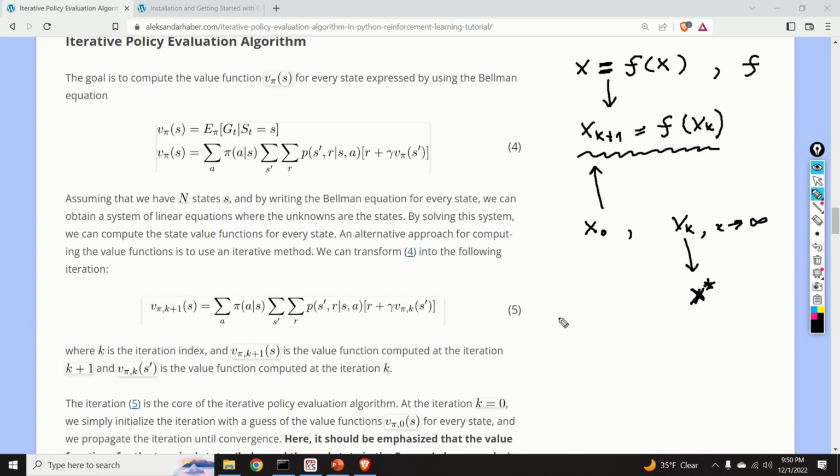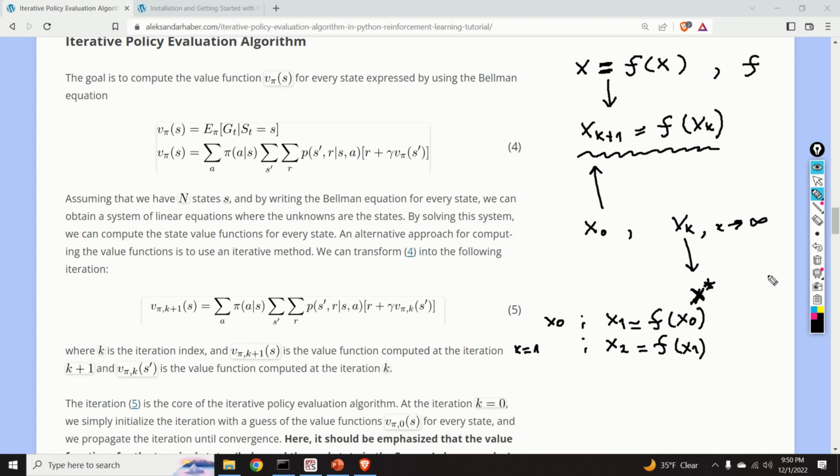We start the iteration with x0 and we compute x1 simply as f of x0. Then in the next step, k is equal to 1, we compute x2 as f of x1, where this x1 is the x1 computed in the previous iteration.